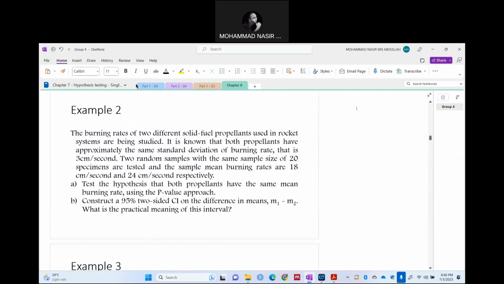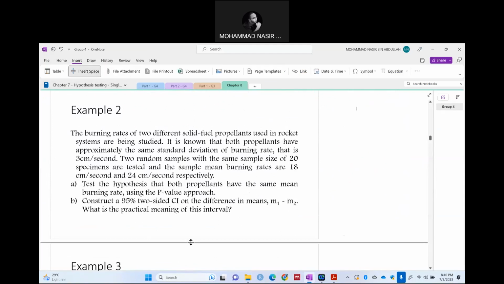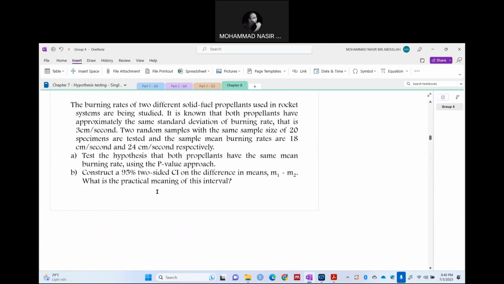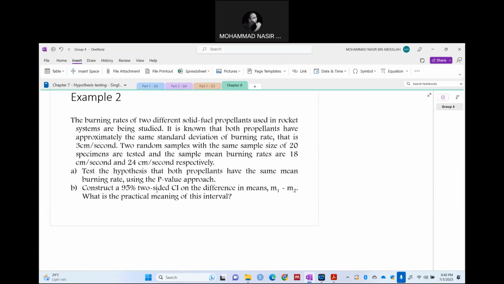So example number 2, burning rates of two different solid fuel propellants used in a rocket system are being studied. It is known that both propellants have approximately the same standard deviation of burning rate, that is 3 centimeter per second. Two random samples with the same sample size, 20, are tested, and the sample mean burning rates are 18 centimeter per second and 24.